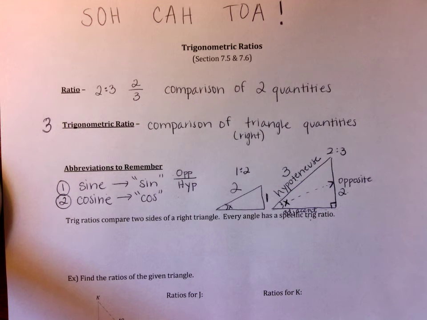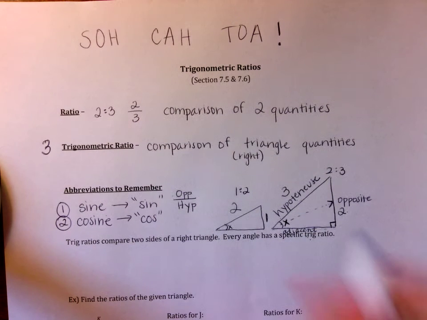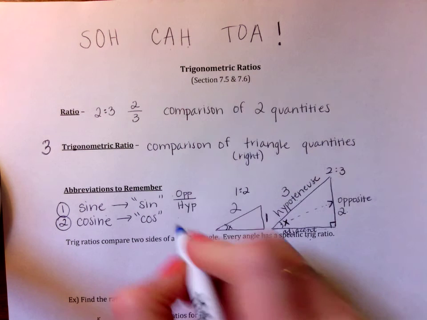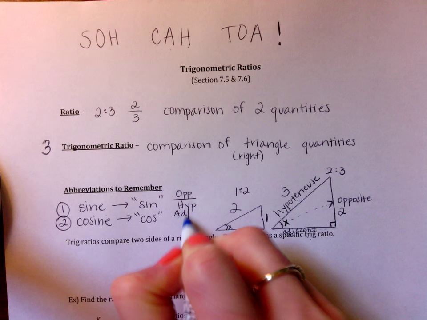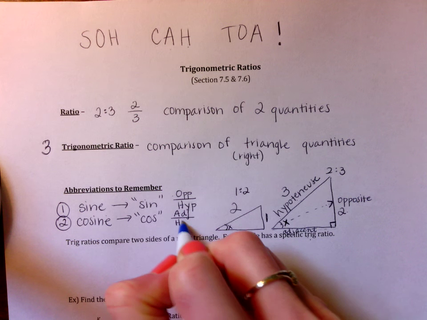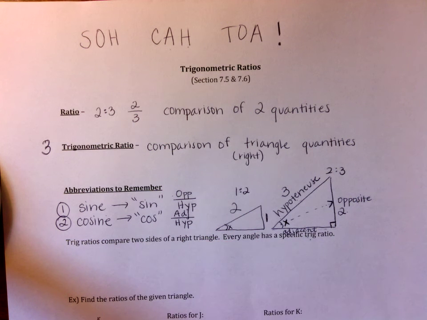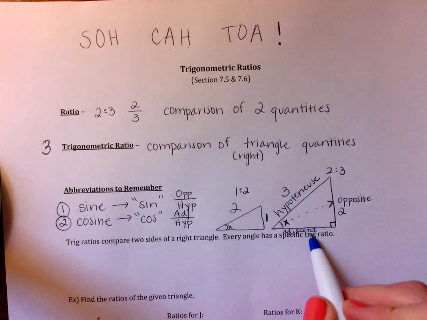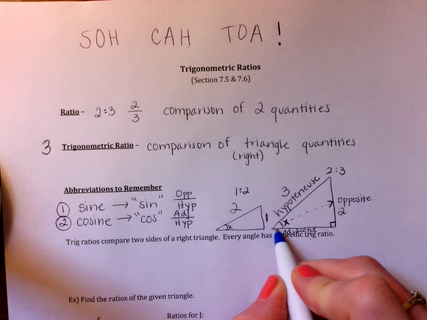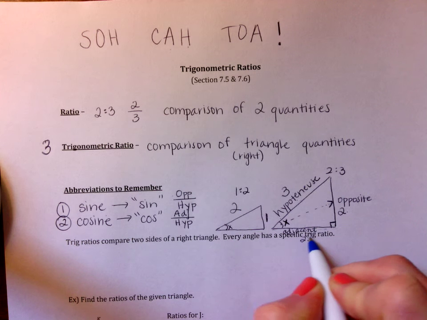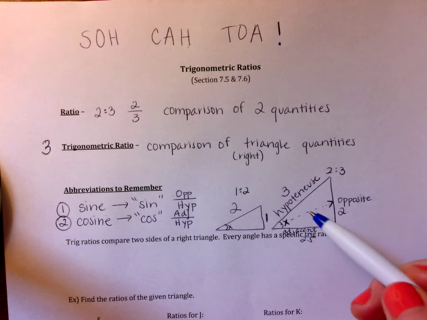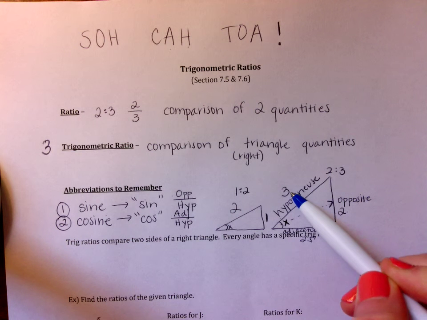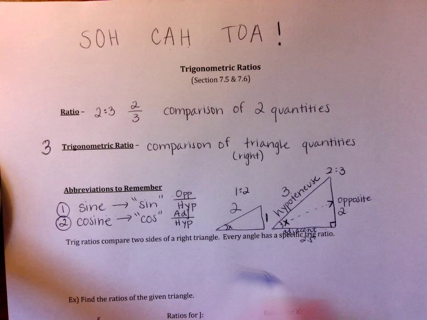If you remember up here, I made you say ka, and the A and H stand for adjacent over hypotenuse. So let's say this side right here was a length of 2.5. Then the ratio for cosine would be 2.5 over 3. We'll do more of these in a minute in case you don't get it.